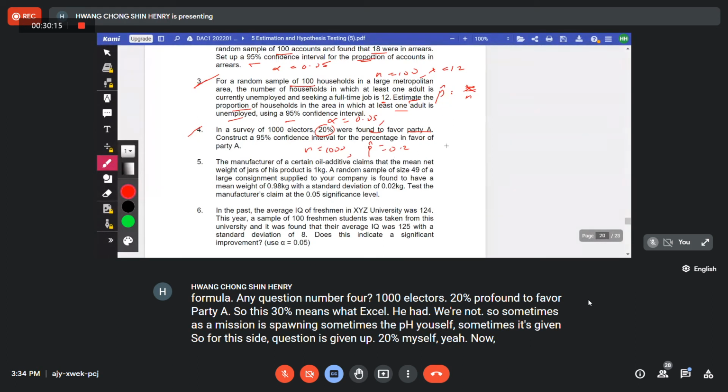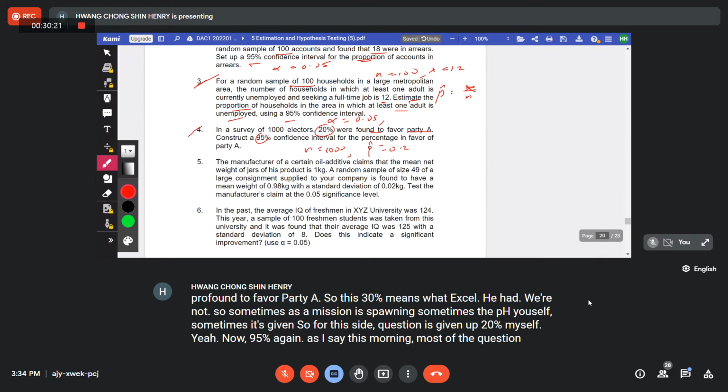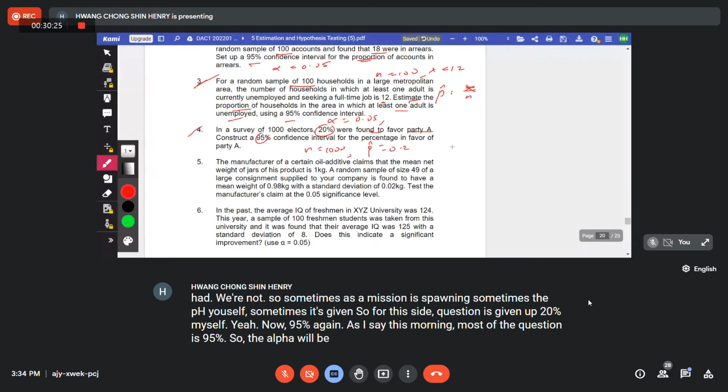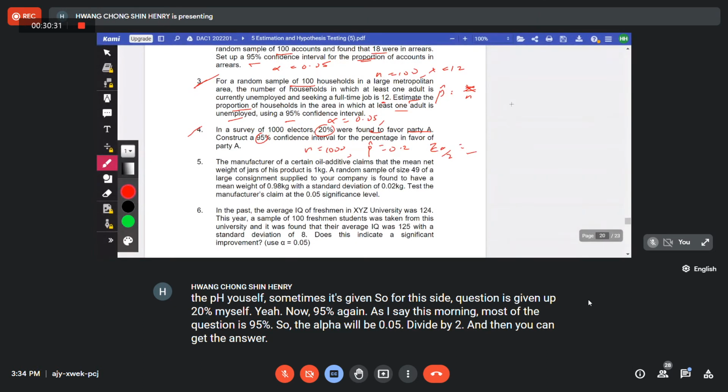Now, 95% again, as I said this morning, most of the questions use 95%. So the alpha will be 0.05 divided by 2, and then you can get the answer, same as this one.